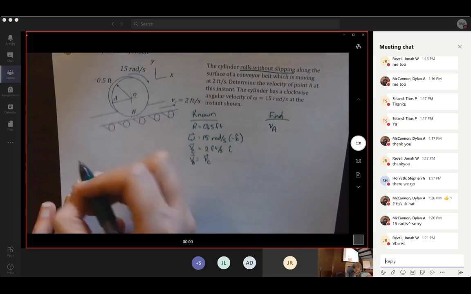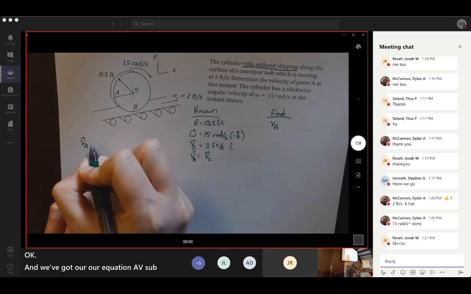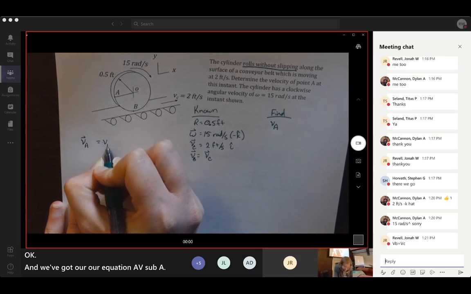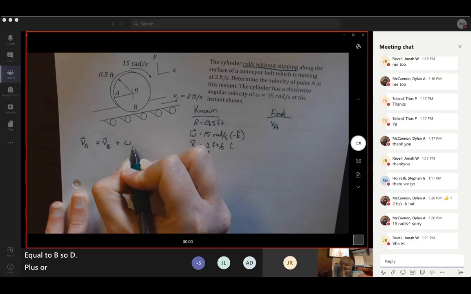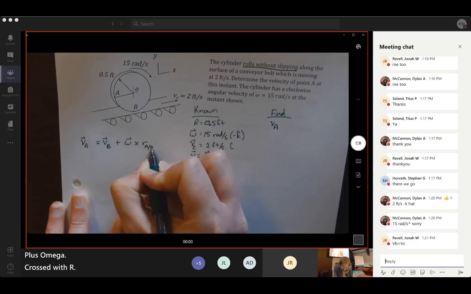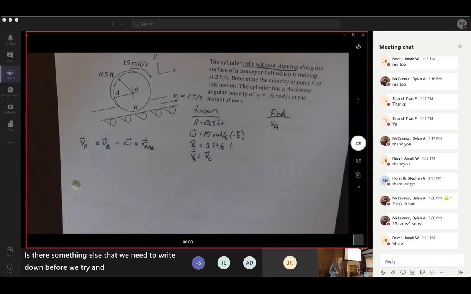And we've got our equation, V sub A equal to V sub B plus omega crossed with R. Okay, so is there something else that we need to write down before we try and solve this? What haven't we talked about yet?